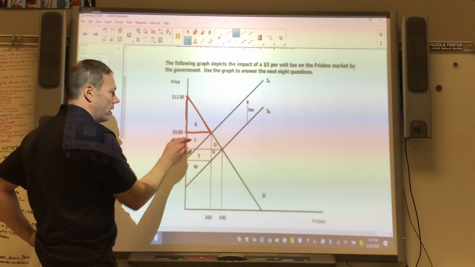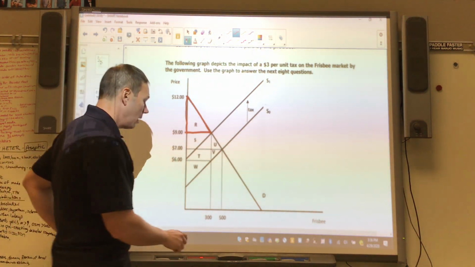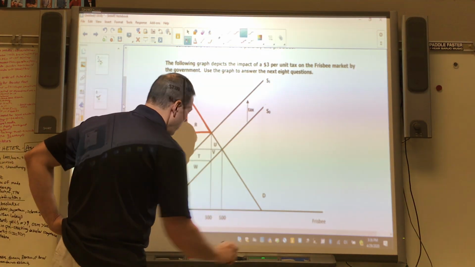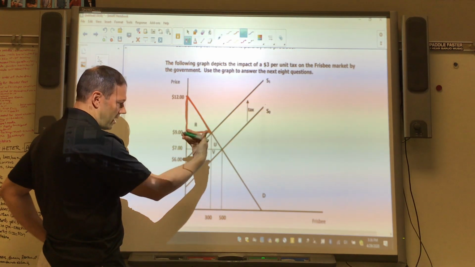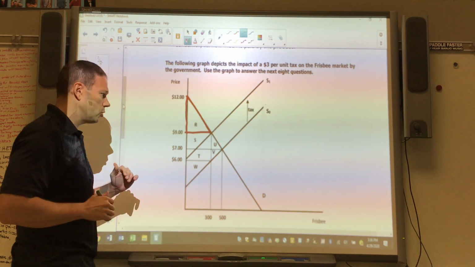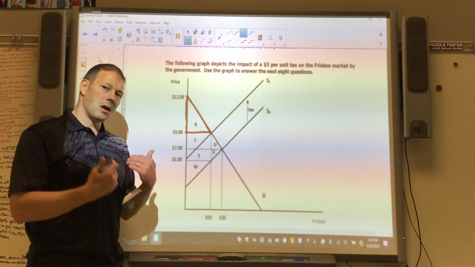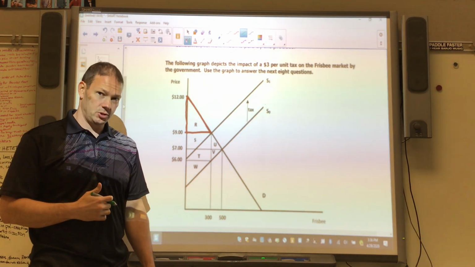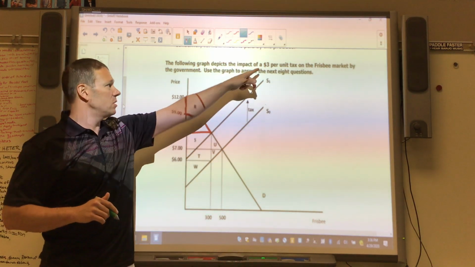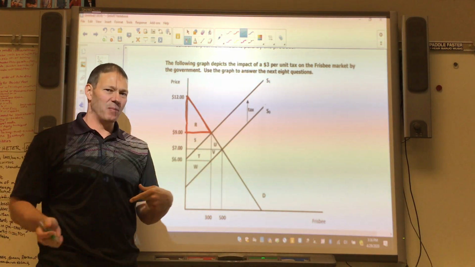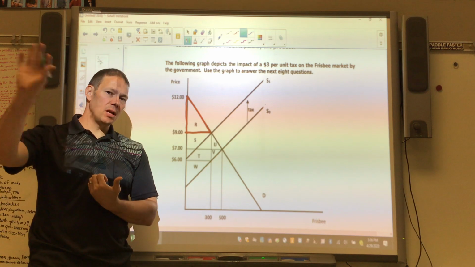So essentially, area R represents consumer surplus. Producer surplus is the area below price. Now here's the trick. Yes, the price is $9, but does the company get to keep all $9? No, they have to send 3 of those dollars off to the government. So you get $9, you send off 3 to the government.